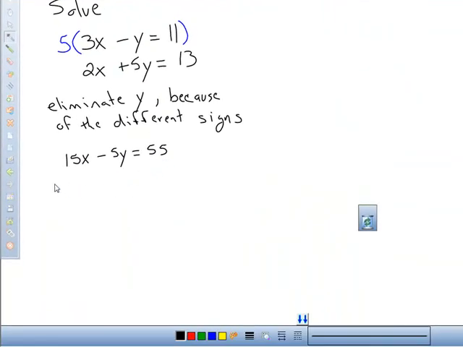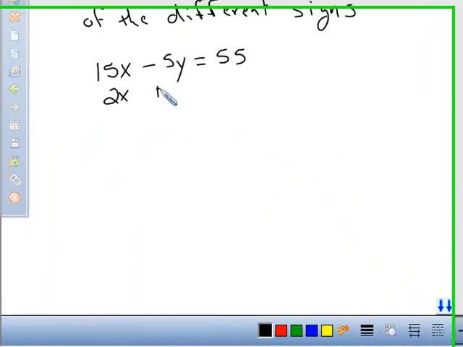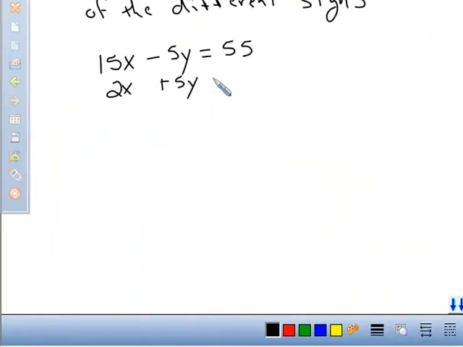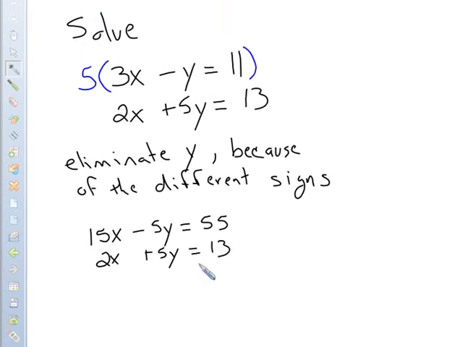So I'll have on the top equation 15x minus 5y equals 55. And our second equation being 2x plus 5y equals 13.